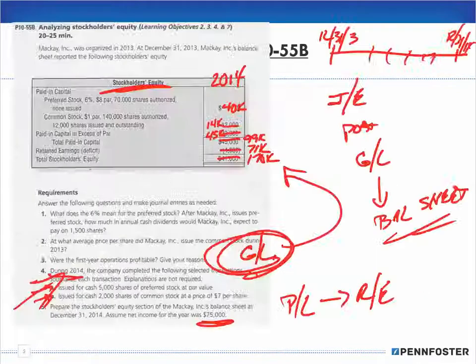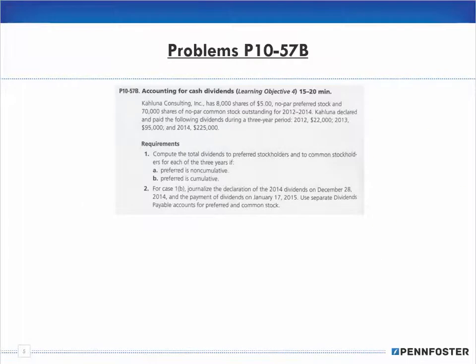All right, so let's jump down to the next one, 57. It says here, accounting for cash dividends. Kaluna Consulting has 8,000 shares of $5 no par preferred stock and 70,000 shares of no par common stock outstanding for 2012 to 2014.